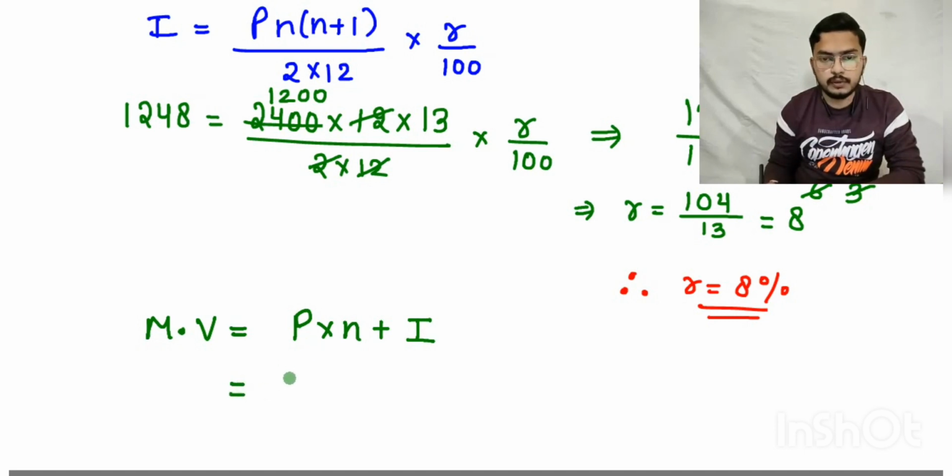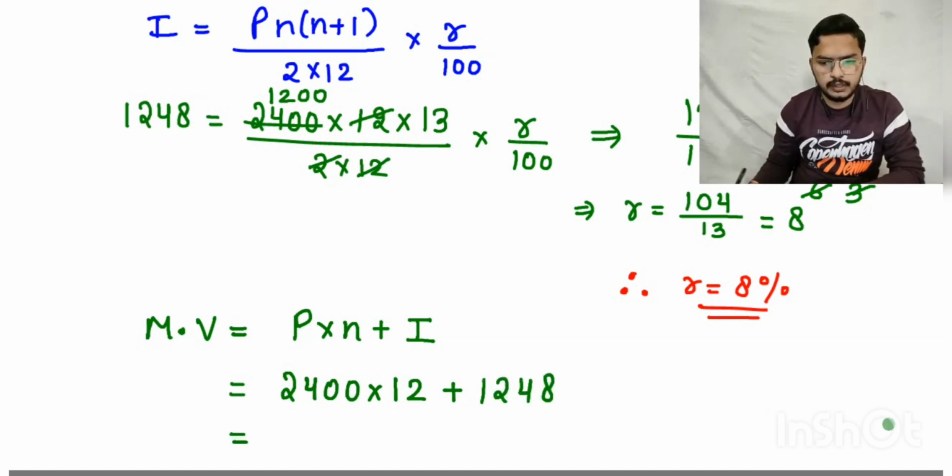So principal amount is 2400, that is 2400 per month, right? So for how many months, for 12 months, so 2400 multiplied by 12 plus interest, interest is 1248, right?